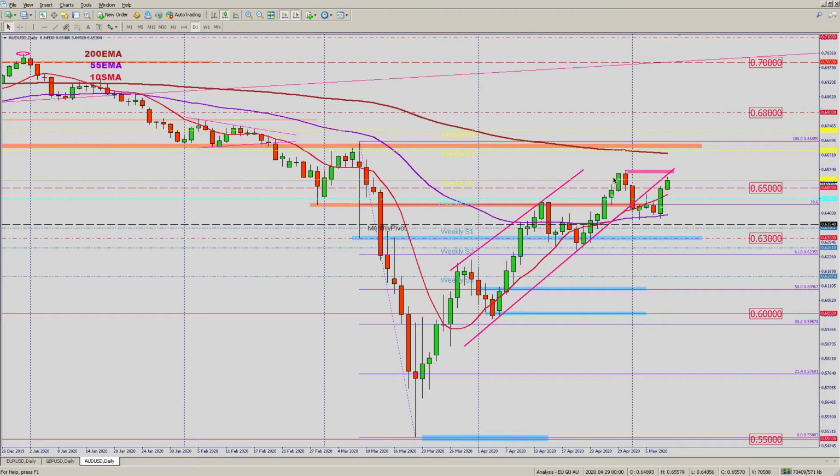Right, but meanwhile, it's also looking like it could be forming a rectangle and consolidation sideways, similar to the other pairs as well. So next week will be critical because it's the second week of the month, and we'll see whether that consolidation will hold or whether there's going to be a breakout.